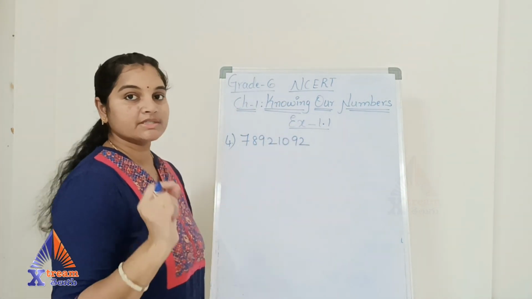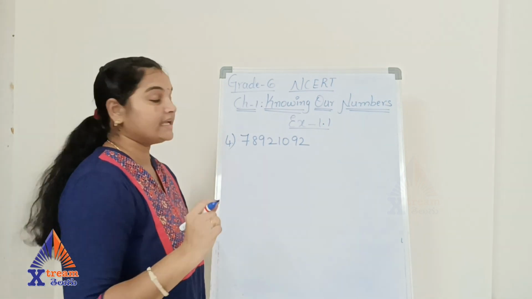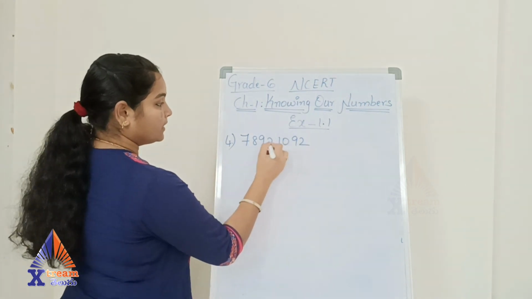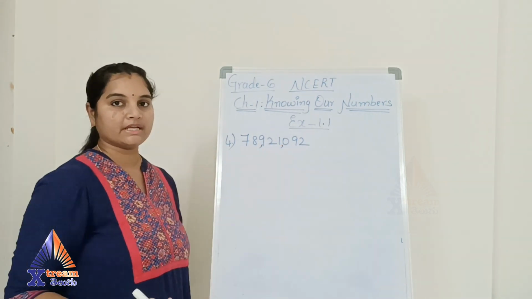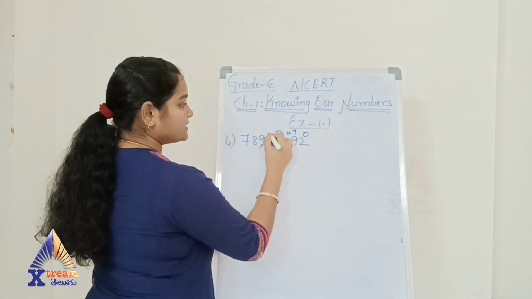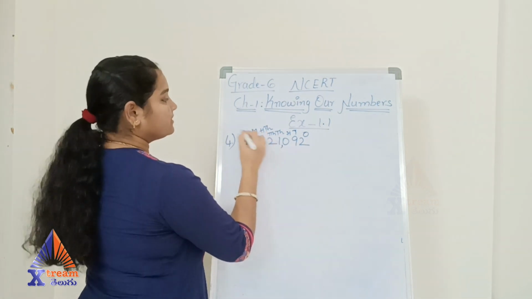The international system of numeration has three numbers in each period. So I give it as 1, 2, 3, 1, 2, 3, 1, 2, 3. So 1, 2, 3, 1, 2, 3, done. So I have ones, tens, hundreds, thousands, 10,000s, 100,000s, million and 10 million.